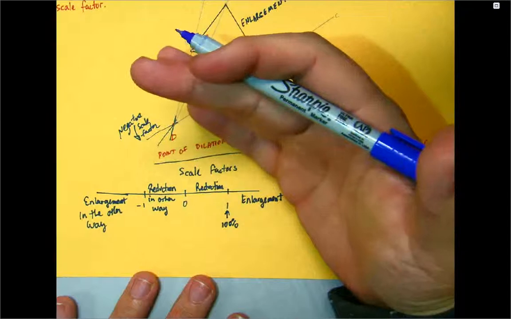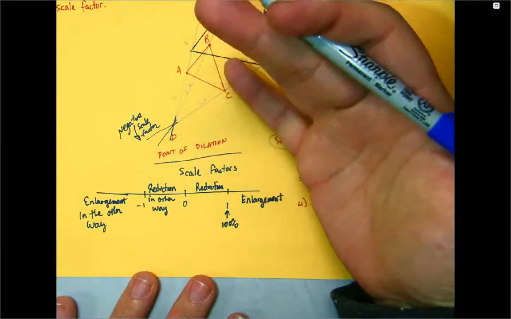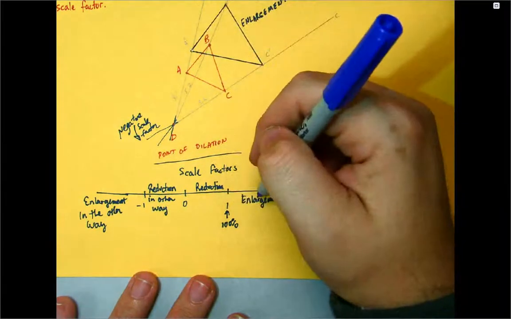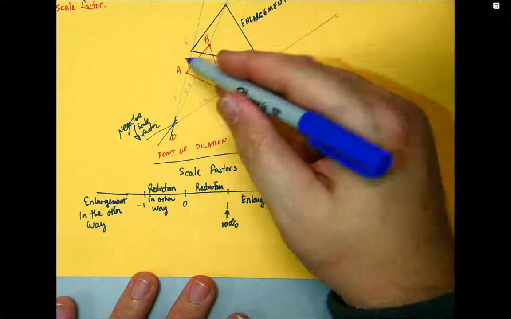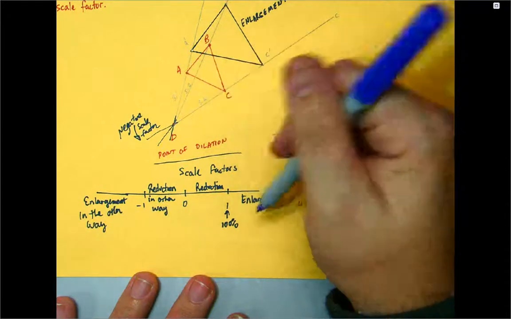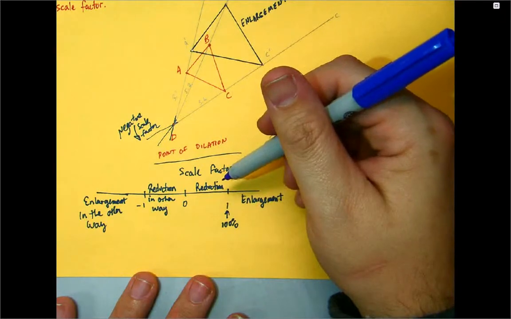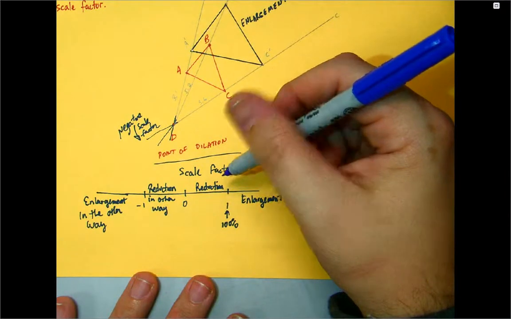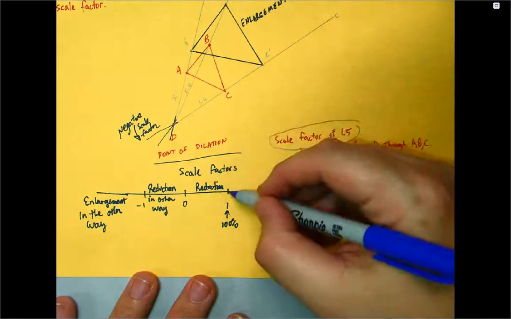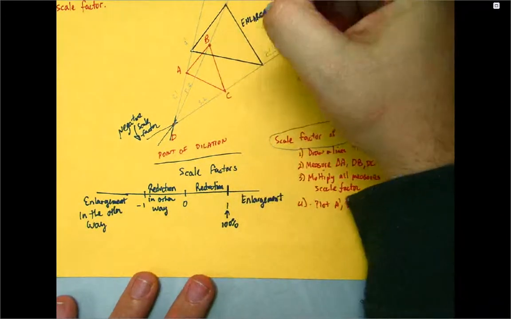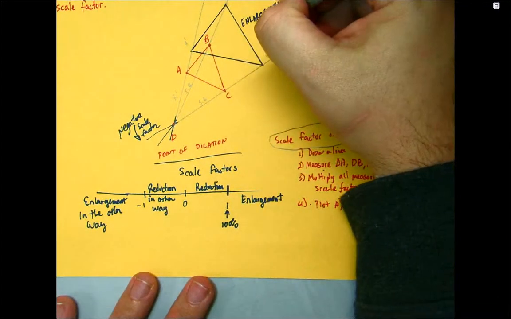If I want an enlargement, if I want to make this triangle bigger, then I'm going to use a scale factor that's bigger than 1. And so this would be an enlargement because this was a scale factor of 1.5.